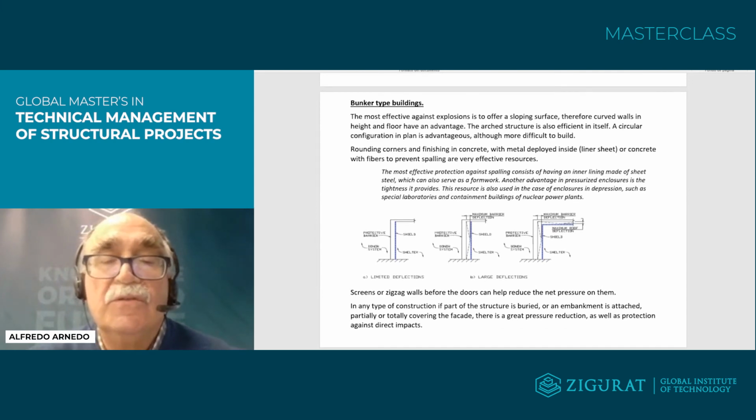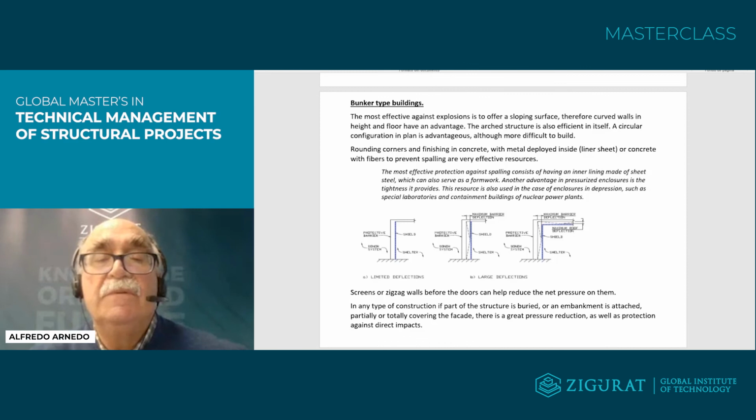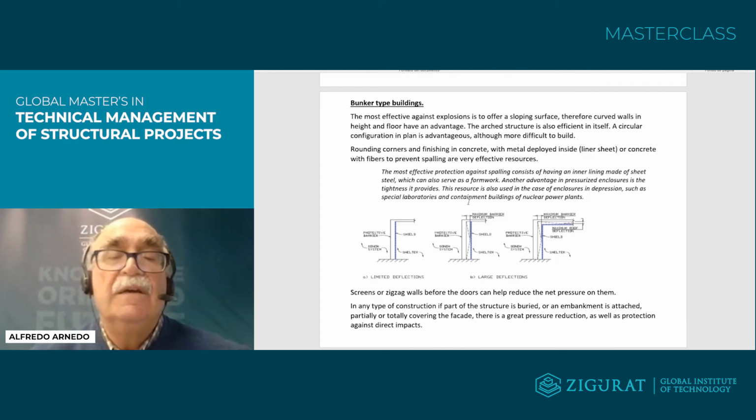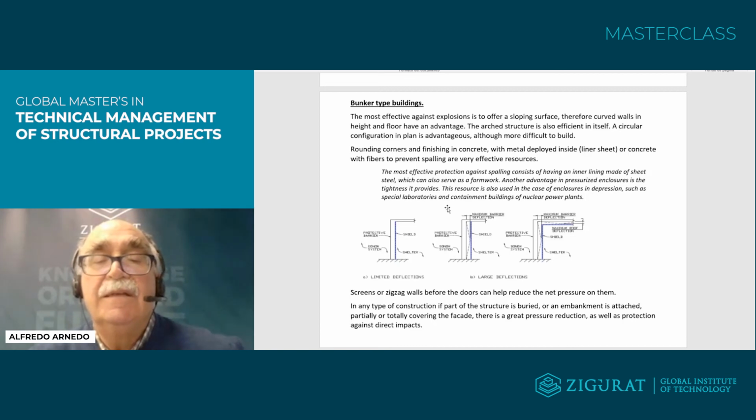And this is a special type. It's important to consider bunker type buildings. This is the building that is very often designed very close to the explosion. For instance, in a harbor, in a port, near the boats or the tanks that can explode.